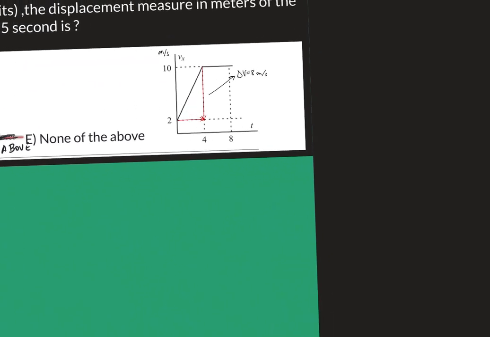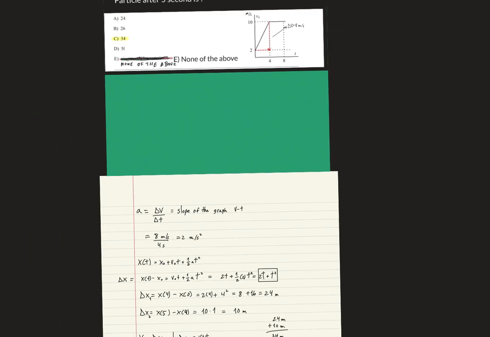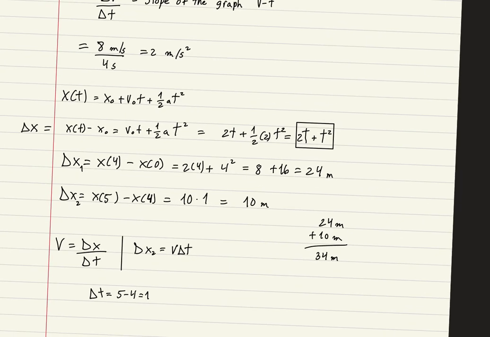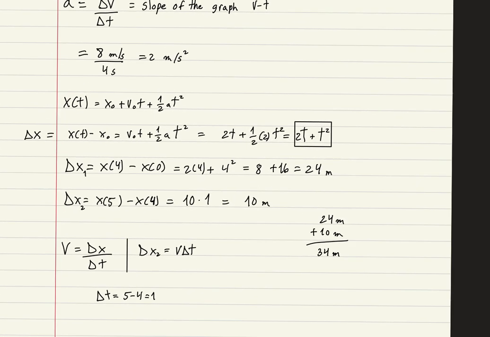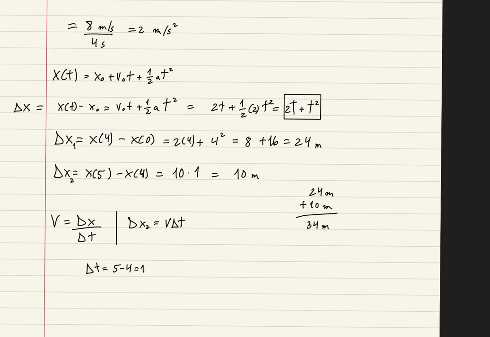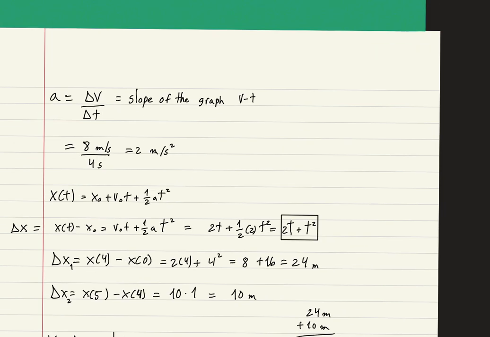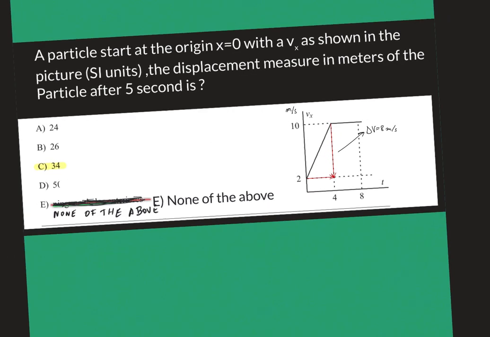We get these values over here for the x. Then we add these 2 meters and we get 34, which is answer C.